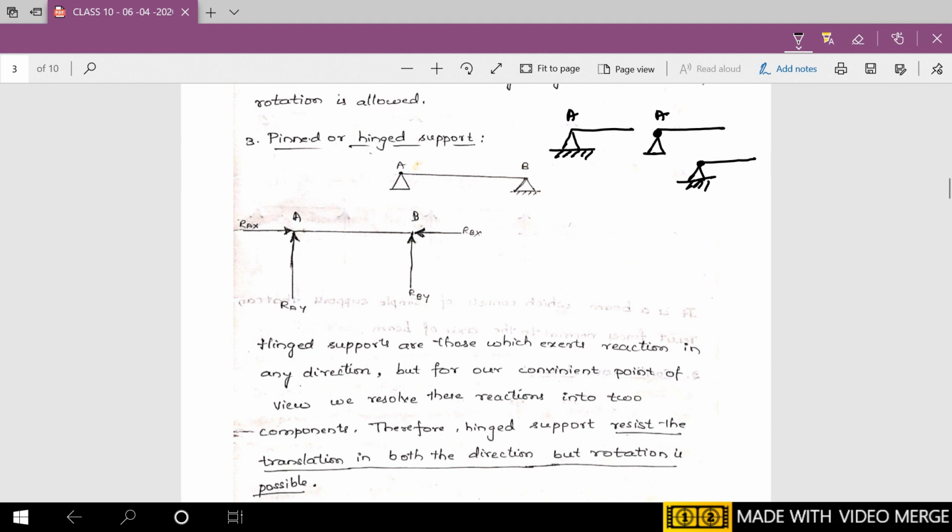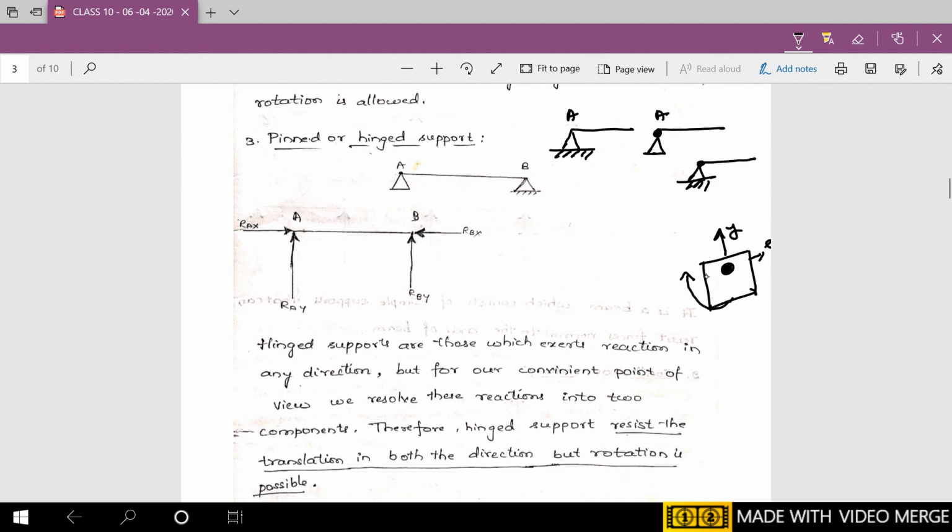Or else, if a chit is pinned to the wall, nailed by a pin, I cannot move this chit in the X direction like this or in the Y direction like this, but I have the right to rotate the chit along the pivot, that is the point of the pin.